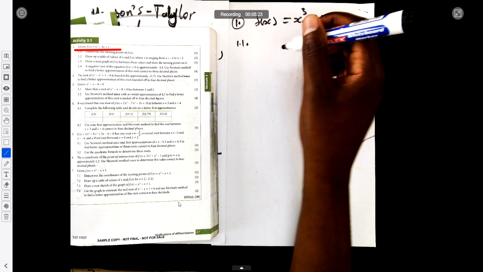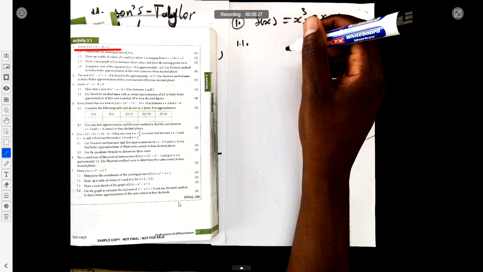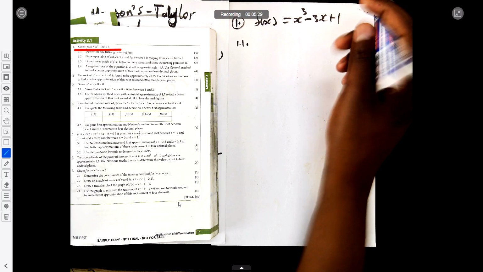So we need to determine the values of the turning points of f of x. So we'll remember that.